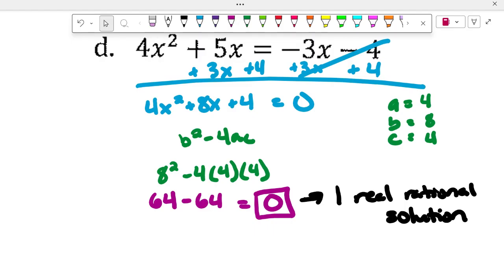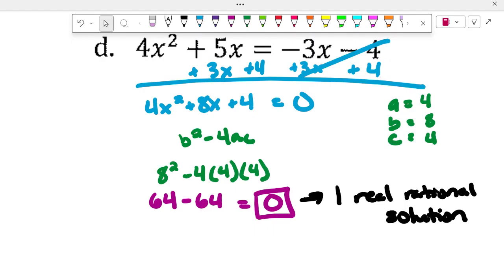So, guys, when is it the case that you only have one solution? What I'm talking about is if you were looking at a graph, what would be the only case in which you would only have one solution?